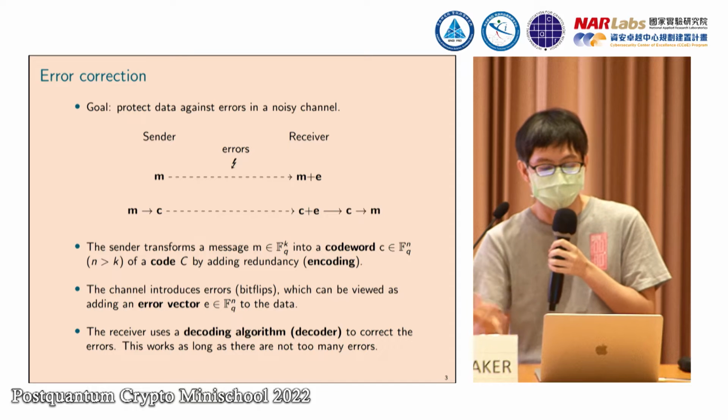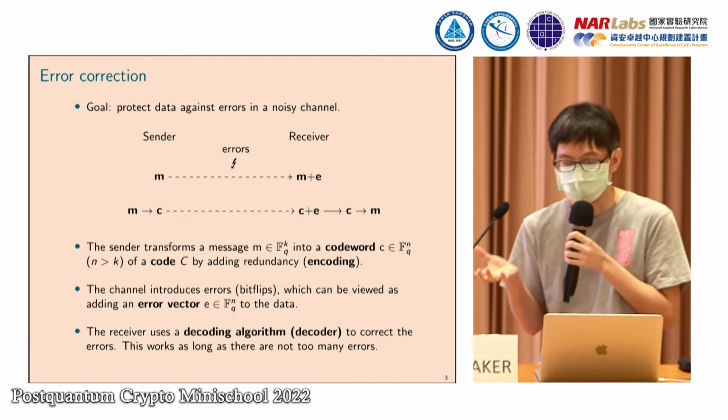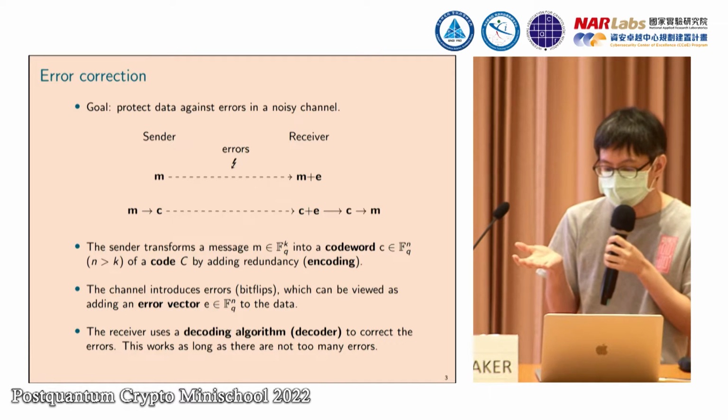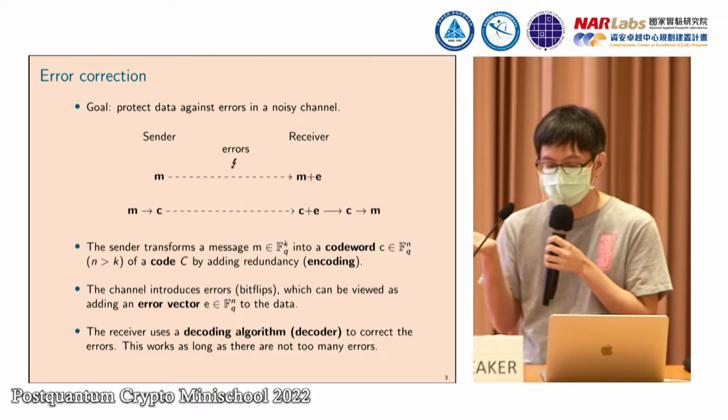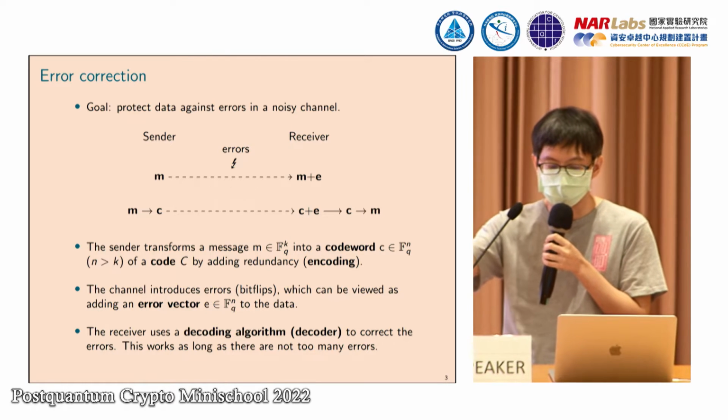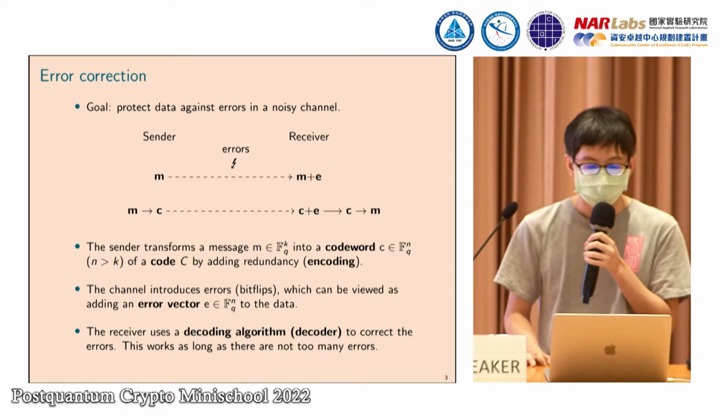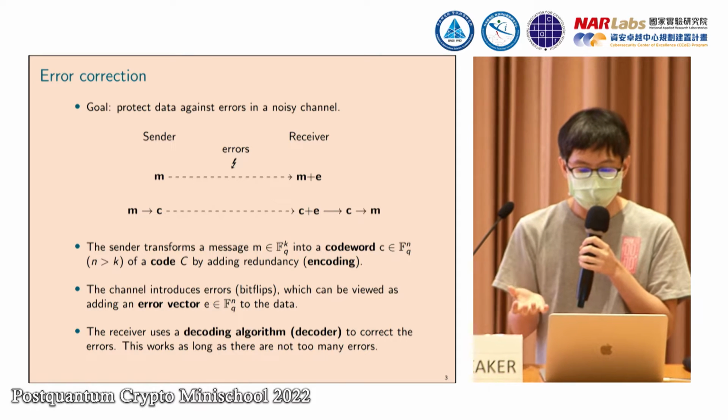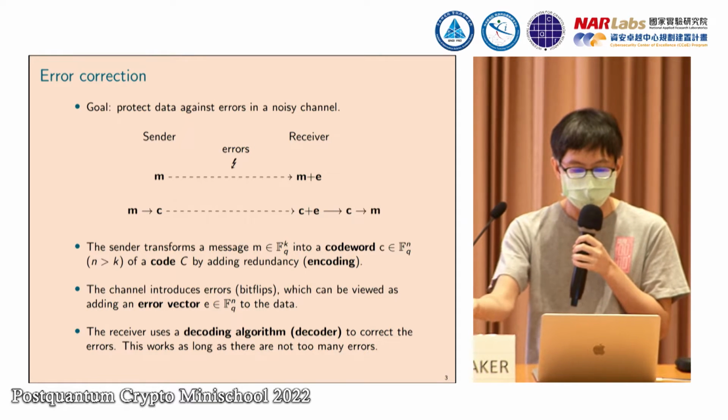That's the code we're talking about. So you encode your original message into one of the vectors in this larger set, and then you send this codeword through the channel.